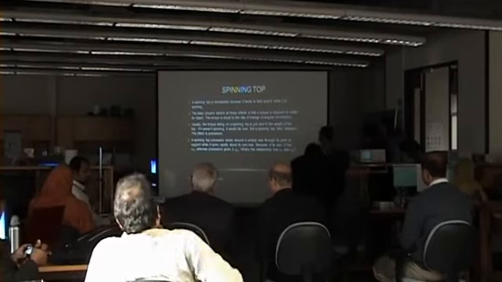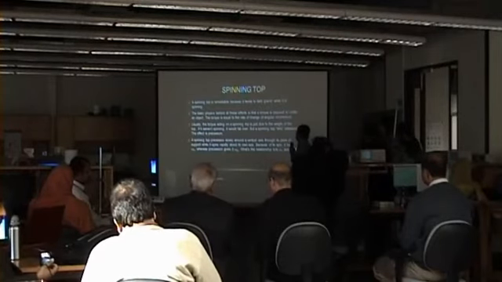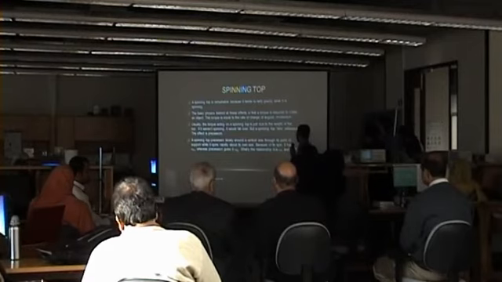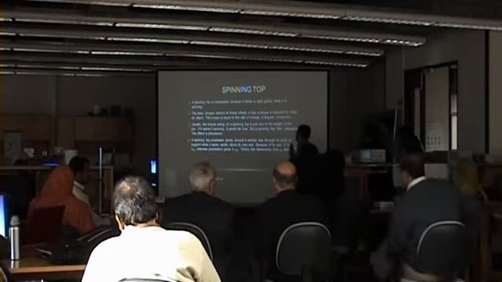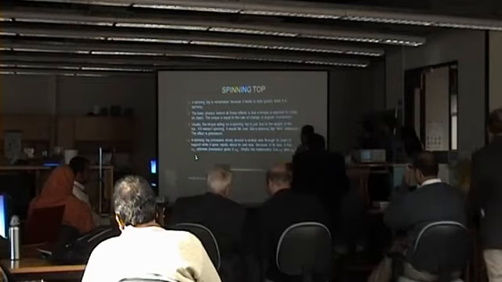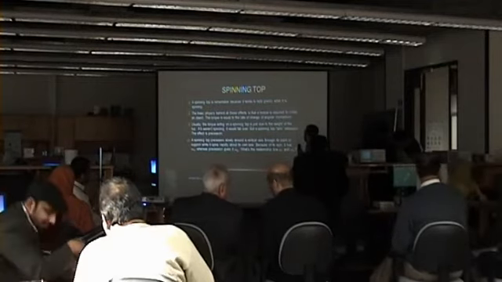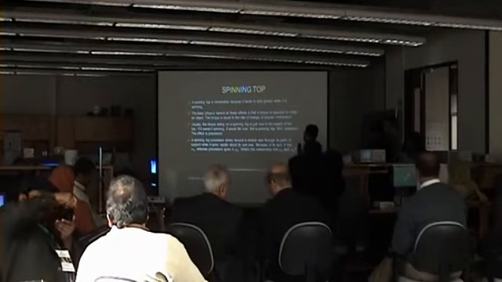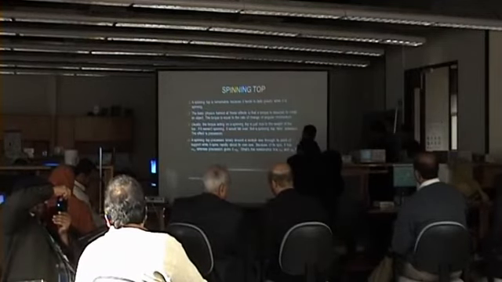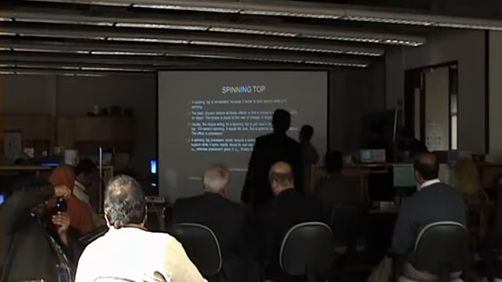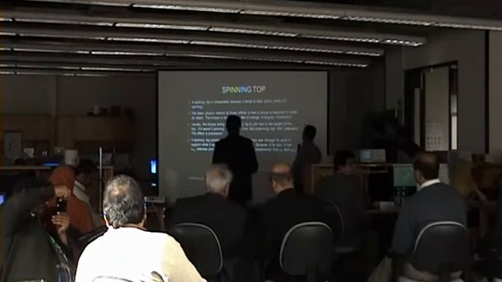A spinning top precesses slowly around the vertical axis through its point of support while it spins rapidly about its own axis. Because of spin, it has omega s. This omega s is the spinning angular frequency of the top, whereas if it precesses, it has another angular velocity, and that angular velocity is the precessional angular velocity.